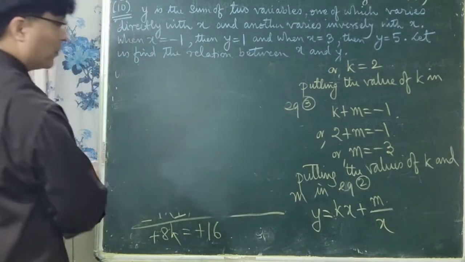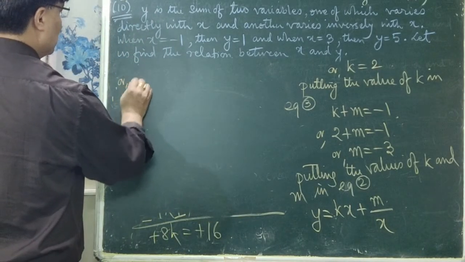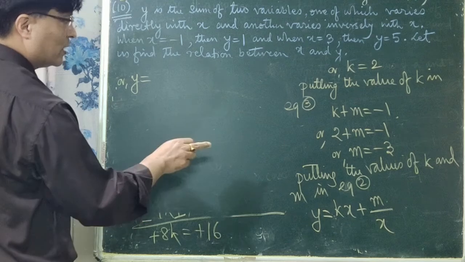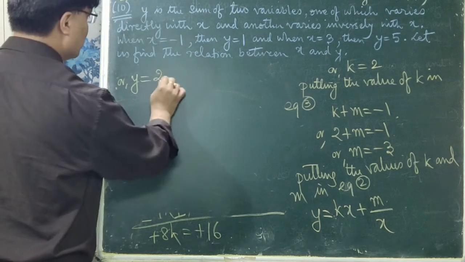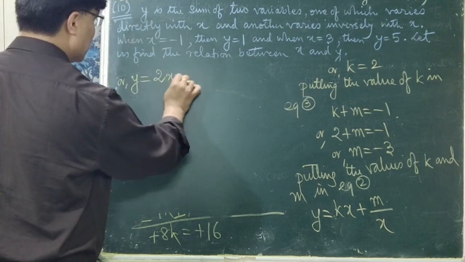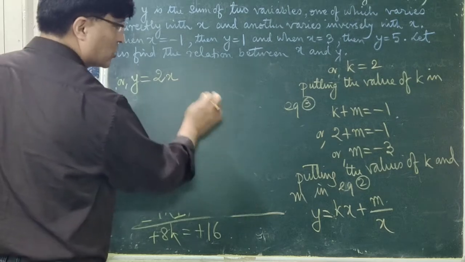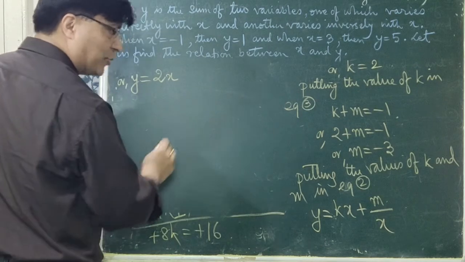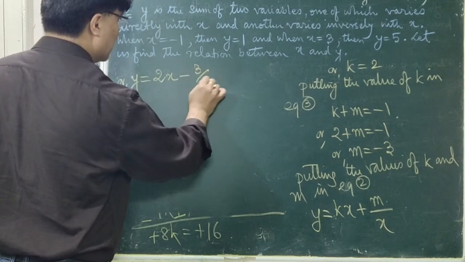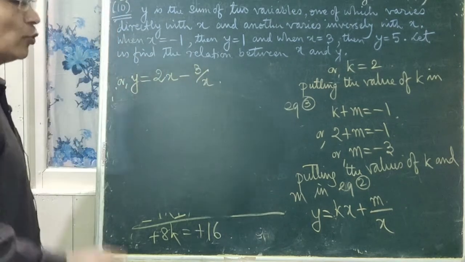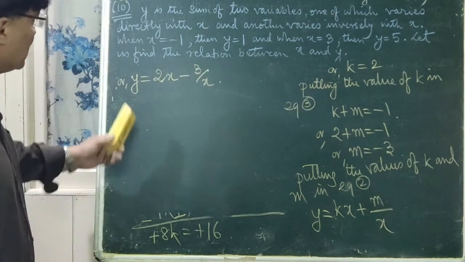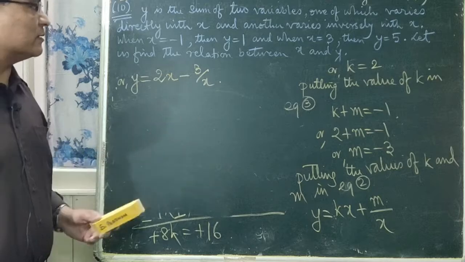So now y is equal to what is k? K is 2 and x remains same, plus what is m? That is, it is -3. So you have to write -3 upon x. So we got the relation between x and y, which is y is equal to 2x minus 3 upon x.